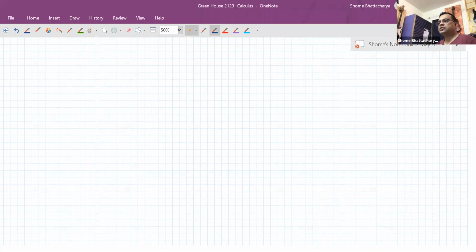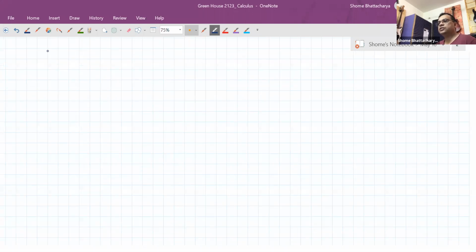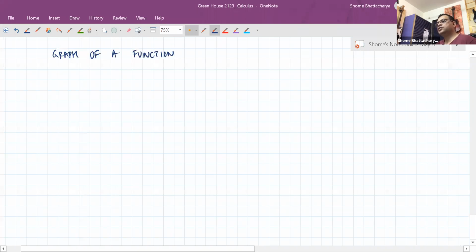Now next thing, let's understand geometrical representation of functions, or what we call graph of a function. So this is also something pretty normal that you're familiar with.